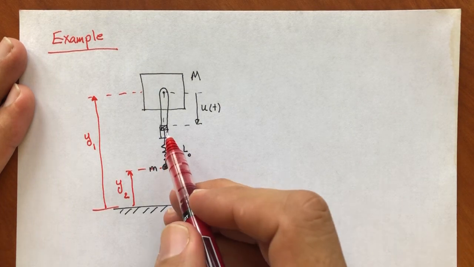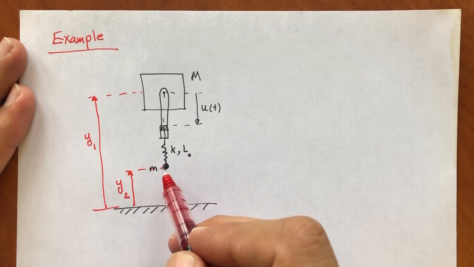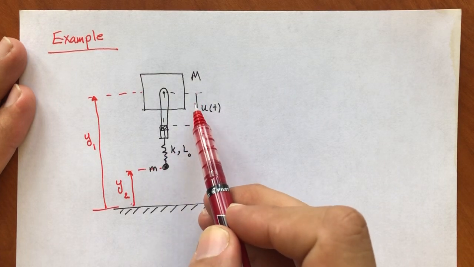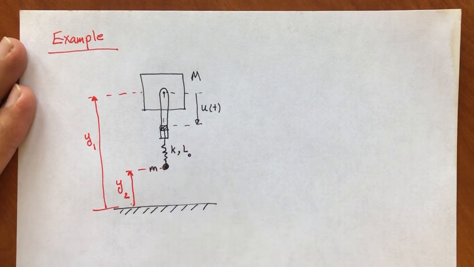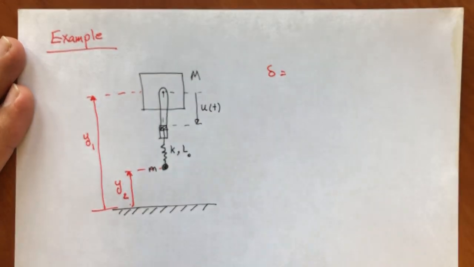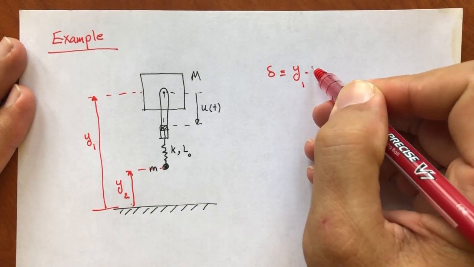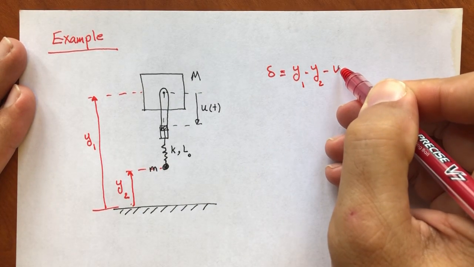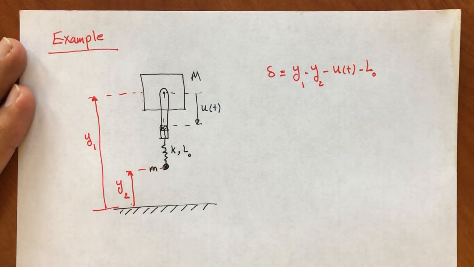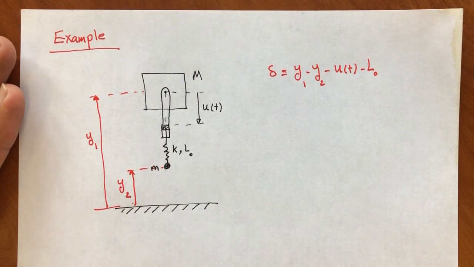So the compression of the spring, or let's say the extension of the spring, how much we are stretching it, is going to be y1 minus y2 minus u minus the initial length of the spring, L0. So it is stretched this much at any time.